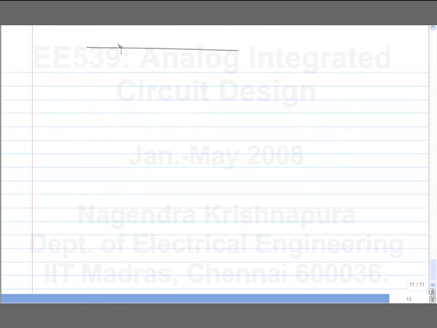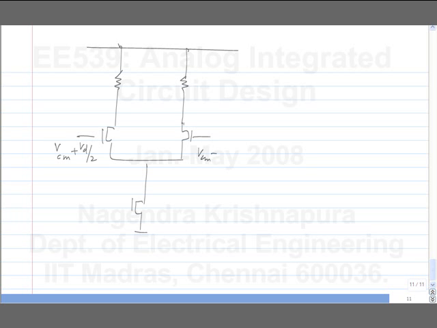So let's say this is the differential pair, and I will define the positive output node here and the negative output node here.